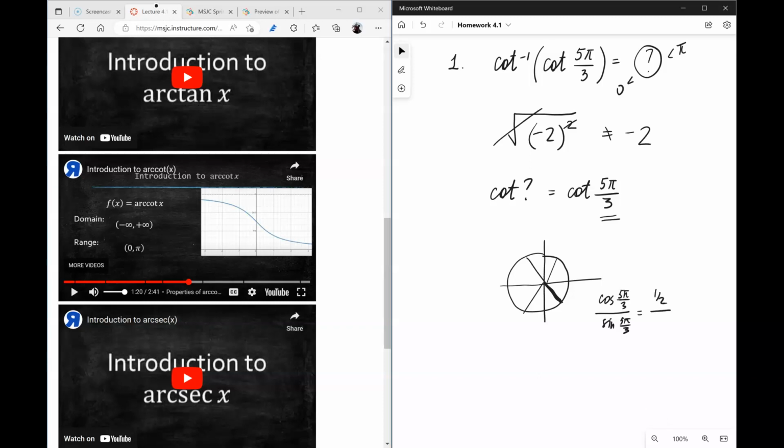Sine of 5 pi over 3 is -√3 over 2. So the question is, for which angle between 0 and pi, cotangent is going to be the same as this one? And the answer is, it's going to be the angle in second quadrant, and it's going to be precisely this angle right over here. So the answer is 2 pi over 3.